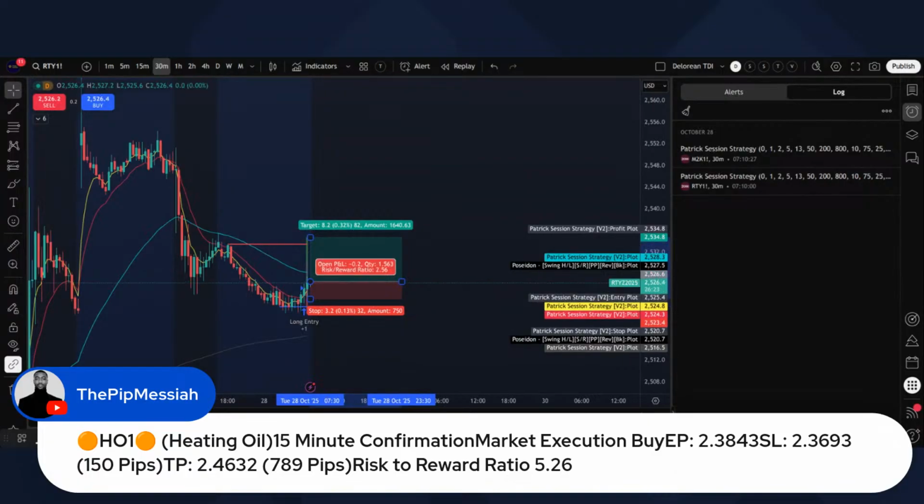All right, so RTY1. This is for the Russell 2000. It is a buy. All right, 2.56 risk. Entry at 25.2660.